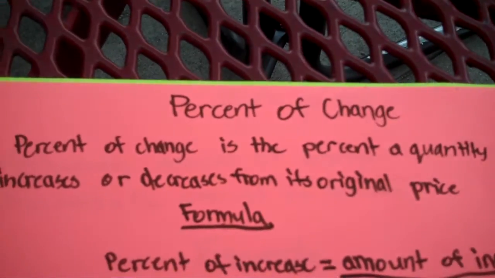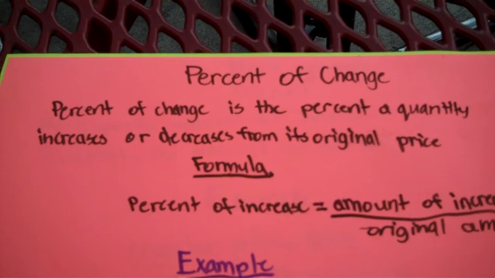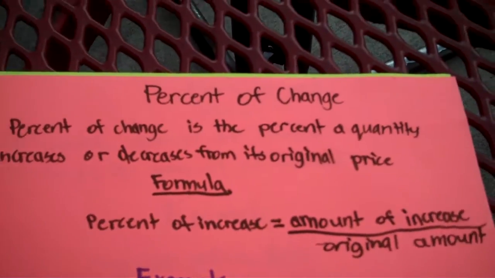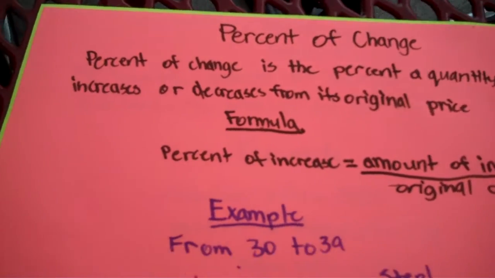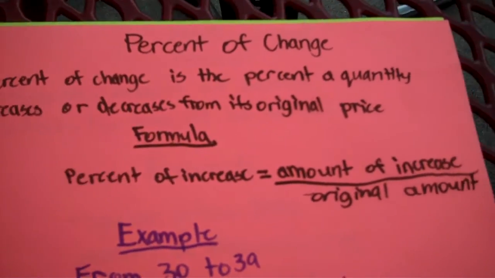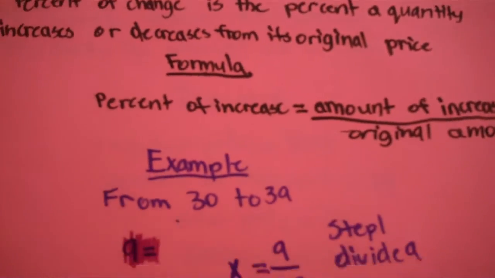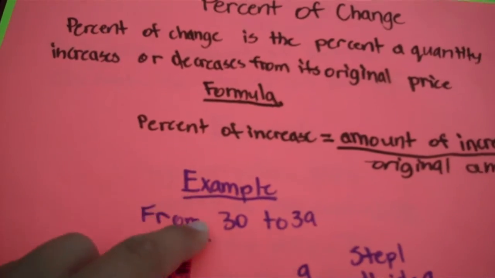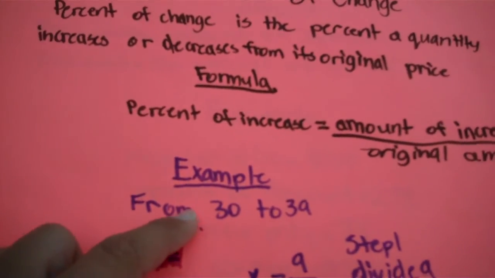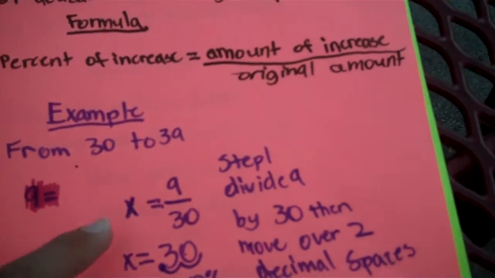Now percent of change. Percent of change is the percent a quantity increases or decreases from its original price. So basically it means what a product increases in price or decreases. And a formula for that is percent of increase equals amount of increase over original amount. So an example of that is from 30 to 39, and then you'd have to write it in the formula like this.